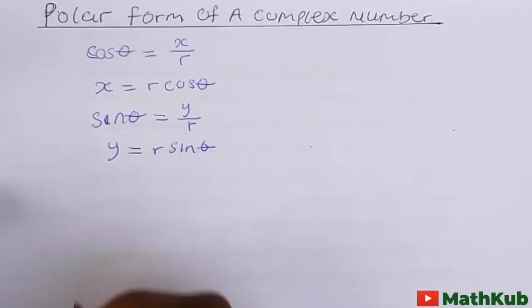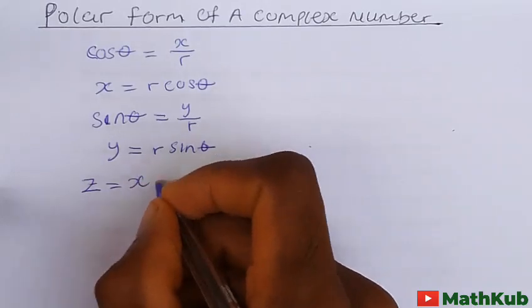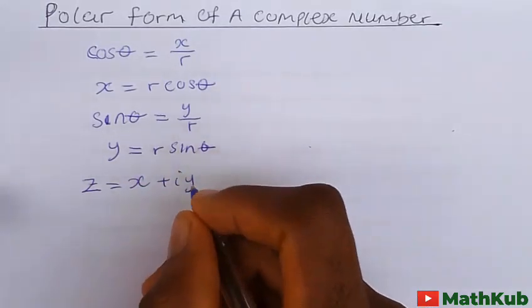In the general form of a complex number, we have z equal to x plus iy.